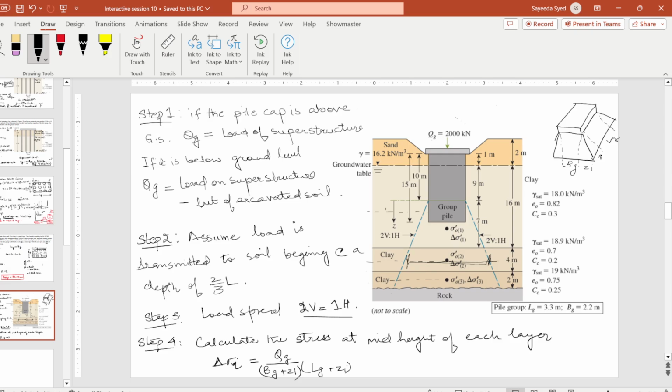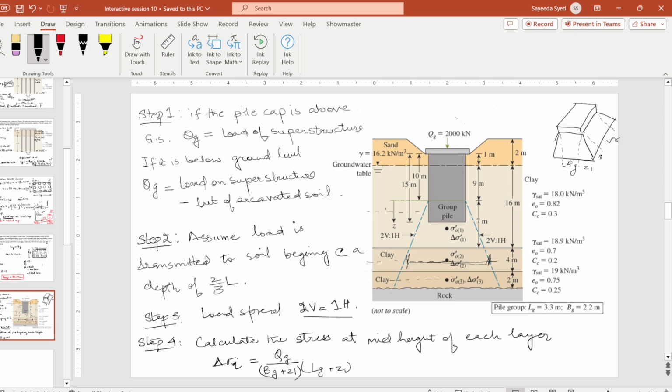After calculating this, we will calculate the settlement at each layer.